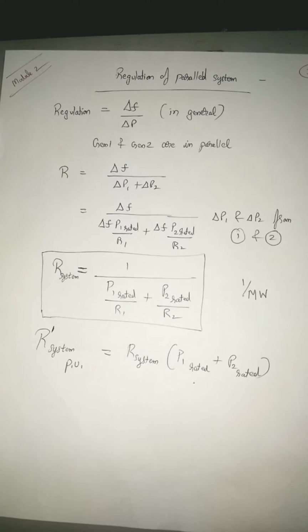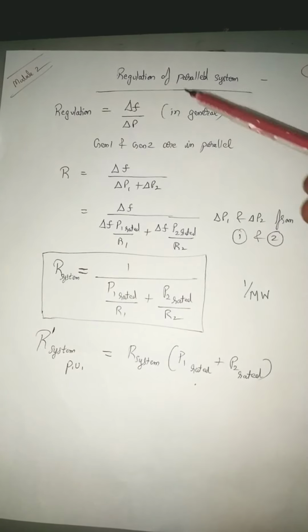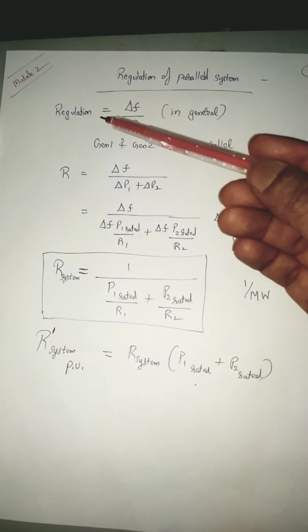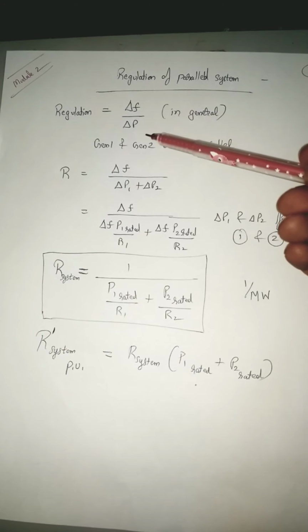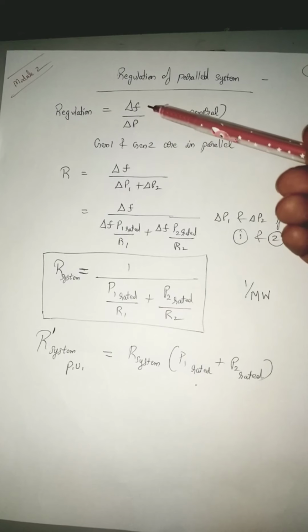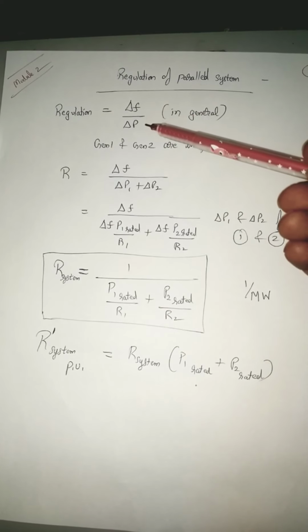Earlier we have defined R1 and R2, which are regulations for machine 1 and machine 2. Now since they are working in parallel, it has to be considered as a single system called as parallel system, and we'll have to take the regulation of parallel system. Generally, we start with the definition for regulation, which is the ratio of delta F by delta P, which is deviation in frequency due to the change in load demand.